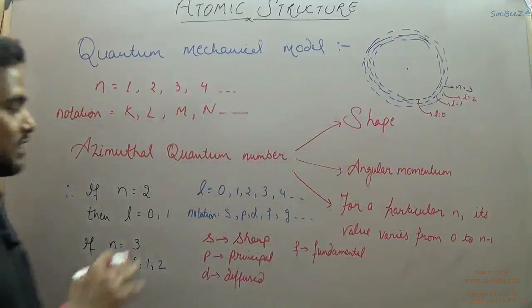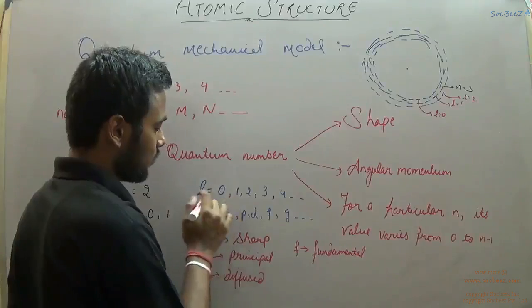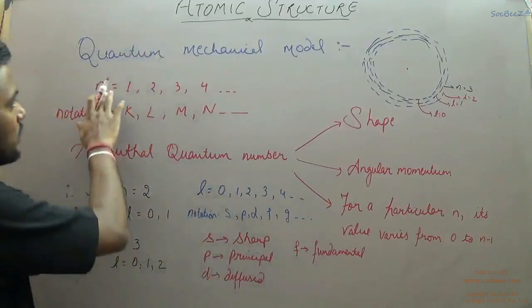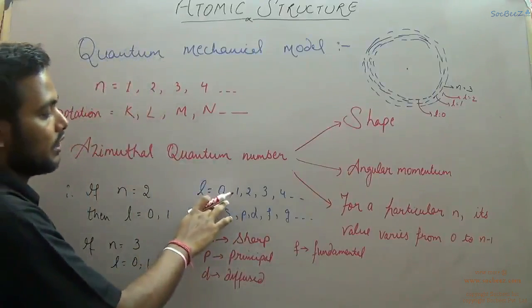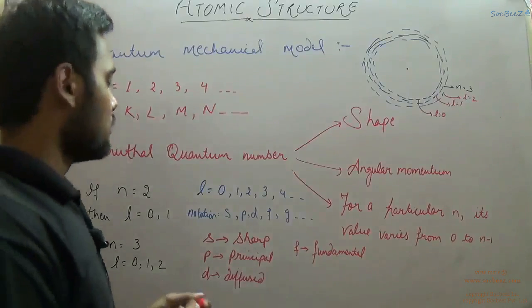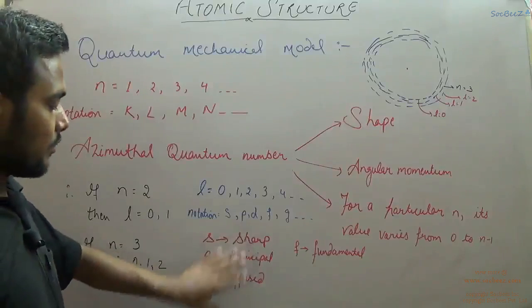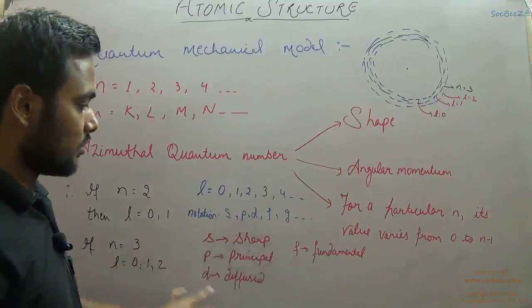So this is going to tell you that this particular electron, the electron for which N equals something and L equals something, has got a particular angular momentum. We're not going to discuss the expression for angular momentum, because this is not currently in the syllabus. We will come back to it when we discuss the shapes of these orbitals.